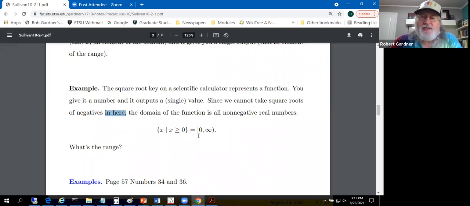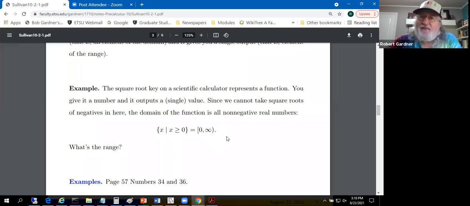Can you get anything positive out? Yeah. Pick your favorite positive number, a, and you want to get a out of the square root function, put a squared into the square root function, and it'll give you a out, provided a is positive. If a is negative, then it's a different story. But in fact, the range is also 0 to infinity.